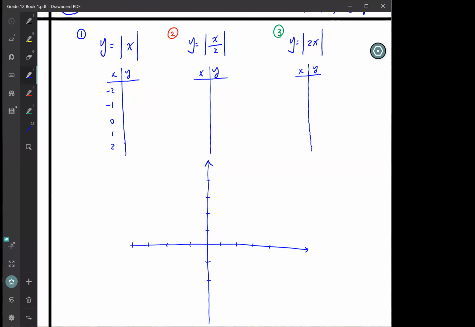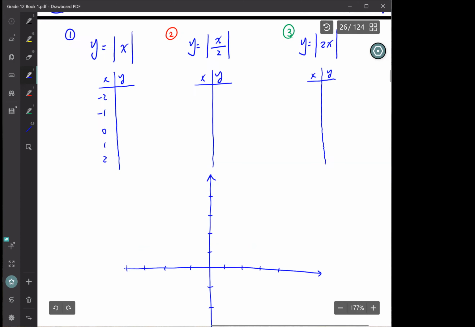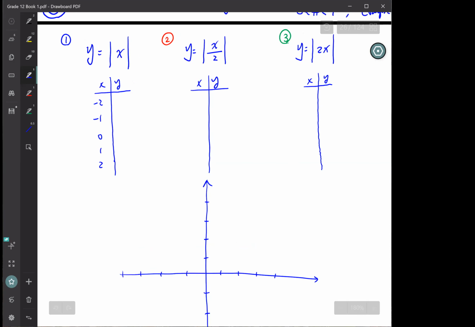So let's start with the absolute value one. Absolute value will just make whatever input become positive. Samantha, can you help me tell me the Y values for the first graph? 2, 1, 0, 1, 2.